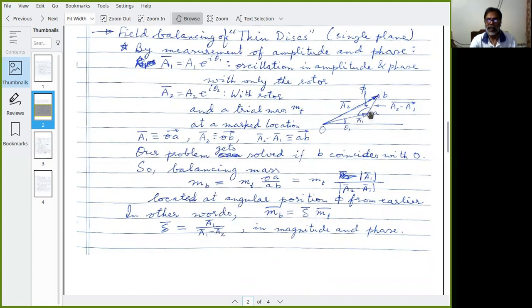So that way this and this will be equal and opposite and balanced. So this is how you do it if you have the facility to measure amplitude and phase.